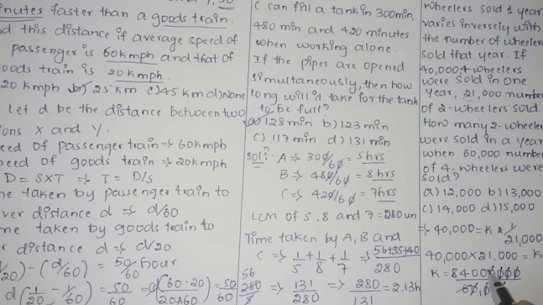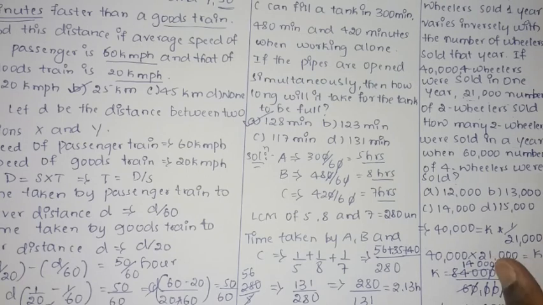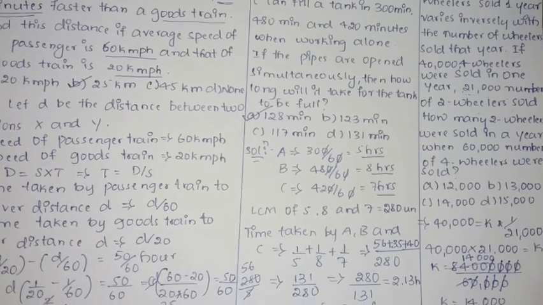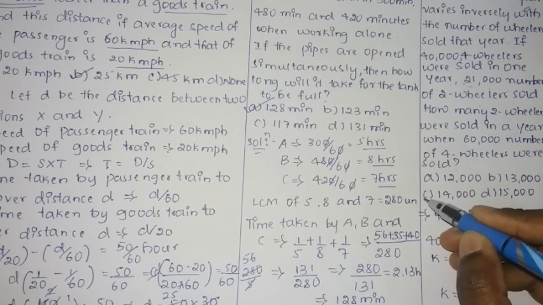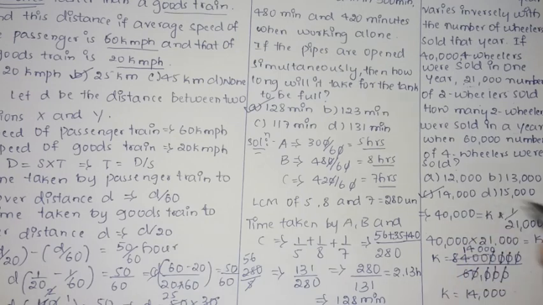Then 6 ones are 6, 6 fours are 24, and the remaining 3 zeros. So you can say the value is 14,000. So 14,000 was the number of two-wheelers sold. Based on the options provided, option A is 12,000, option B is 13,000, option C is 14,000 and option D is 15,000. You can say 14,000, option C, is the correct answer for this question.